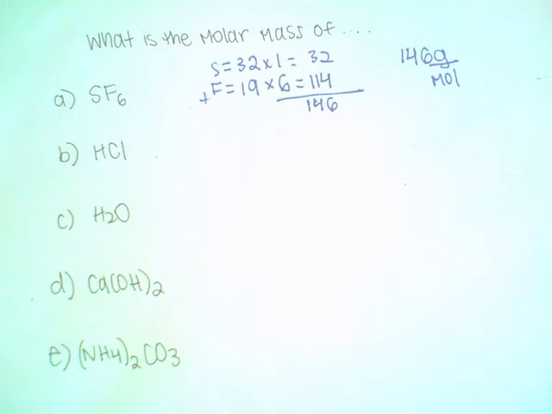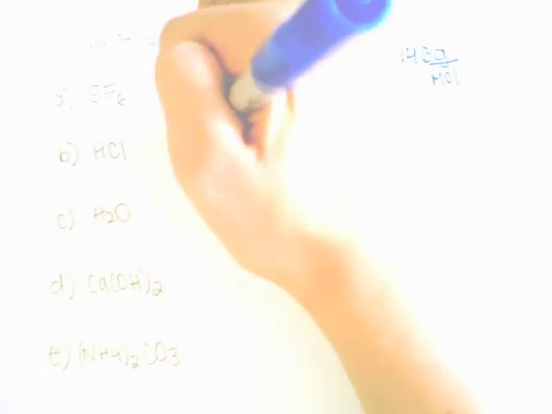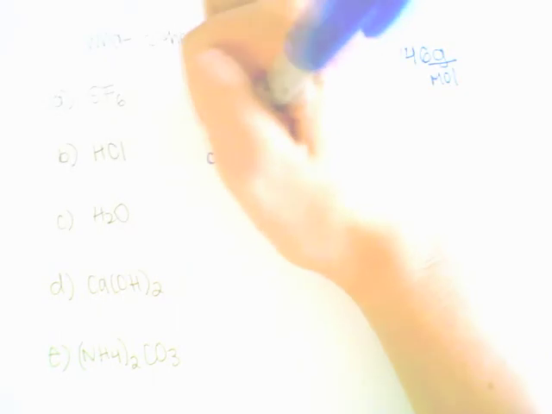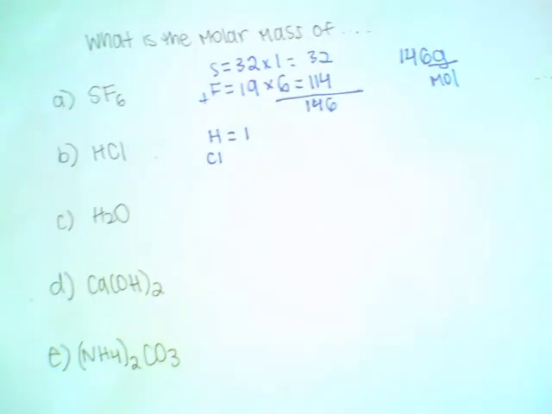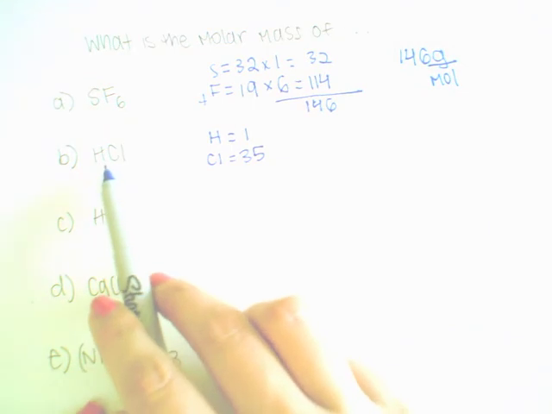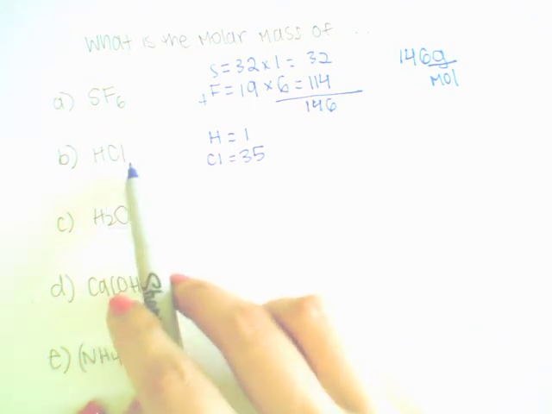In the next example, I have hydrogen and chlorine. The molar mass of hydrogen is 1.00794, which rounds to 1. The molar mass of chlorine is 35.45, so that rounds to 35. Since there are no subscripts here, we know that we have 1 hydrogen, 1 chlorine.